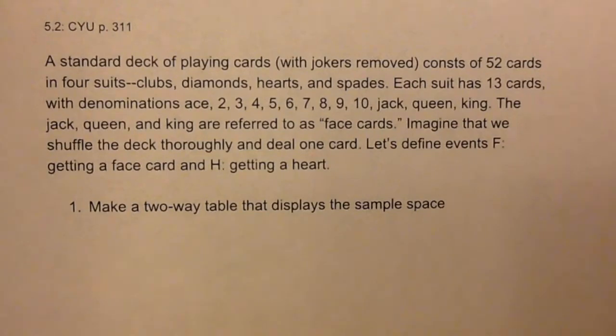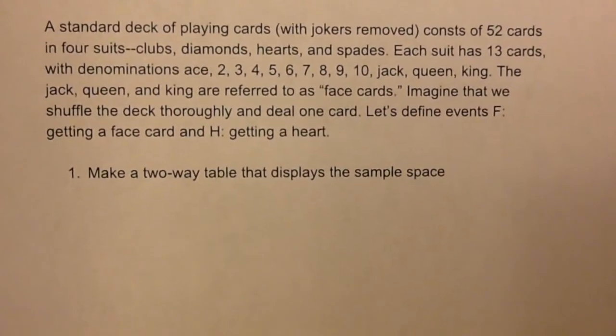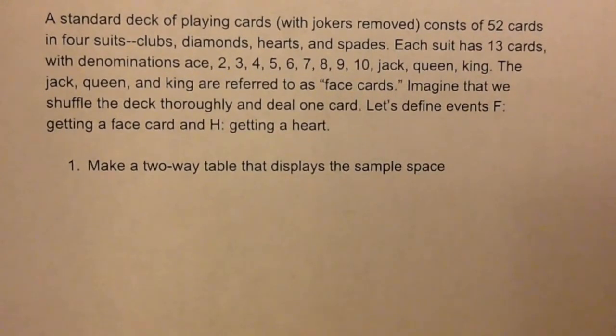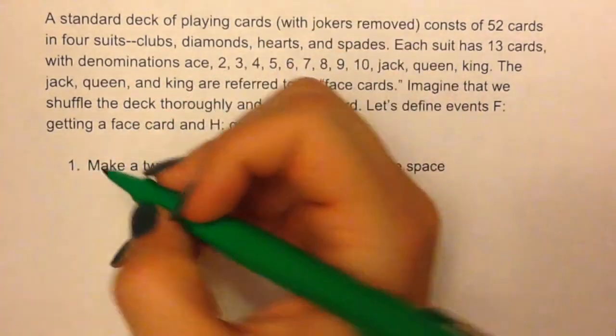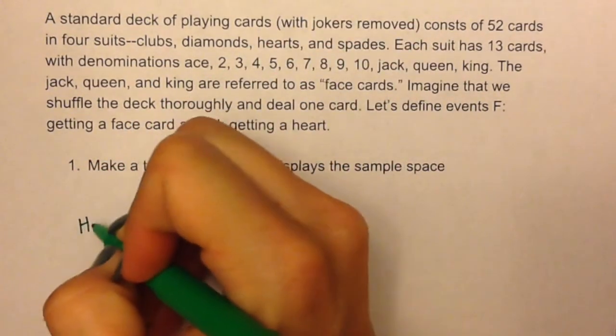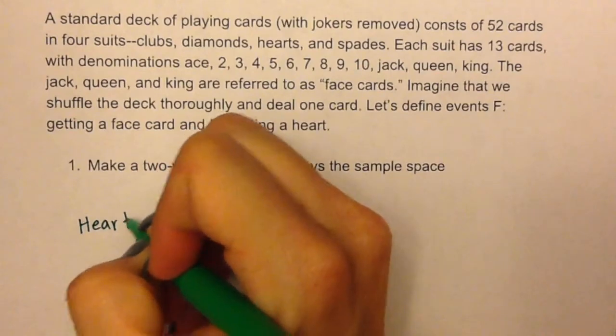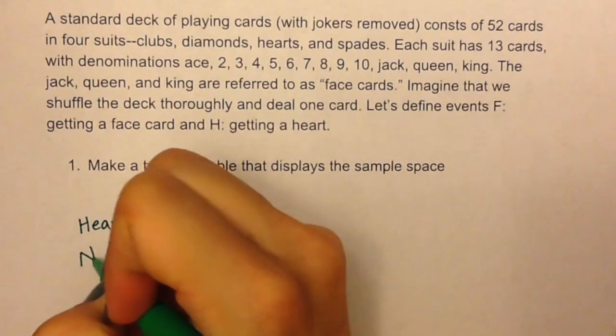In the first question, it asks us to make a two-way table that displays the sample space. So in our two-way table, we're going to make sure that we have our two variables, one in the horizontal and one in the vertical. So let's say we have heart and a non-heart.